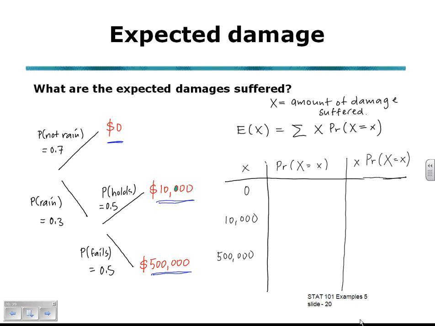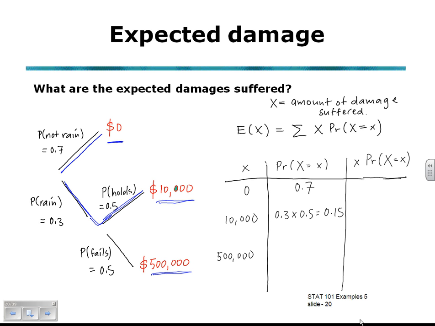The corresponding probabilities, picking these up from the tree diagram: probability of no rain, so the probability that x will be 0 is 0.7. The probability x takes the value 10,000 is the probability of rain, that's 0.3, times the probability the flood defence holds, 0.5. 0.3 times 0.5, working out to be 0.15.